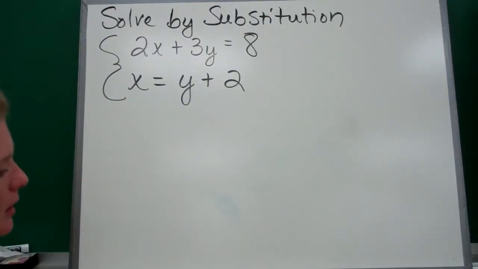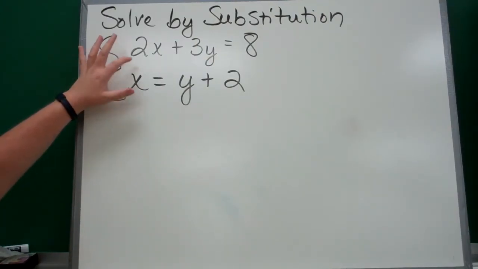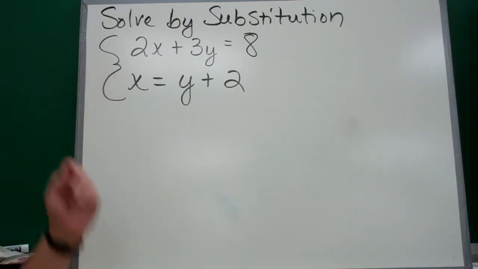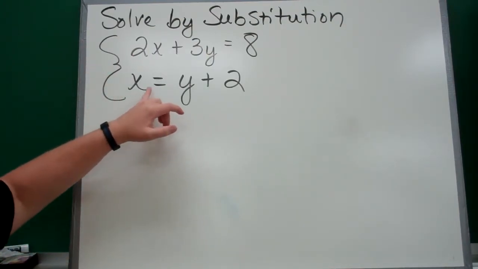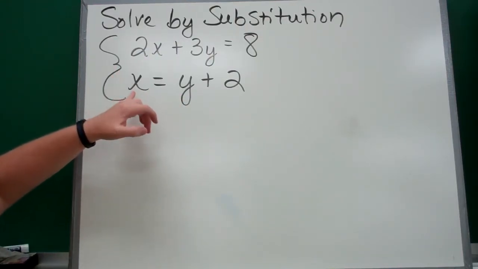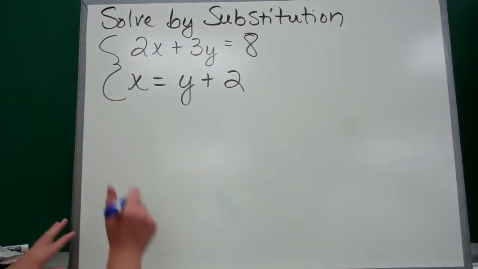Okay, solving algebraically. Okay, solve by substitution. With this, you want to have one of your variables solved for to begin with, or have one simple step and then be able to solve it that way. Here, x equals y plus 2, so x is solved for. I'm going to take the y plus 2 and plug it into the other equation for x.